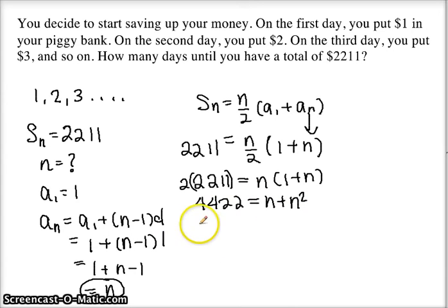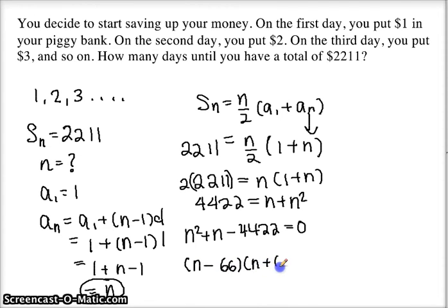And then I'm going to rearrange this, and I have n squared plus n, and I'm subtracting 4,422 on both sides, equals 0. And then I'm going to factor this, which is equal to n minus 66 times n plus 67 equals 0.